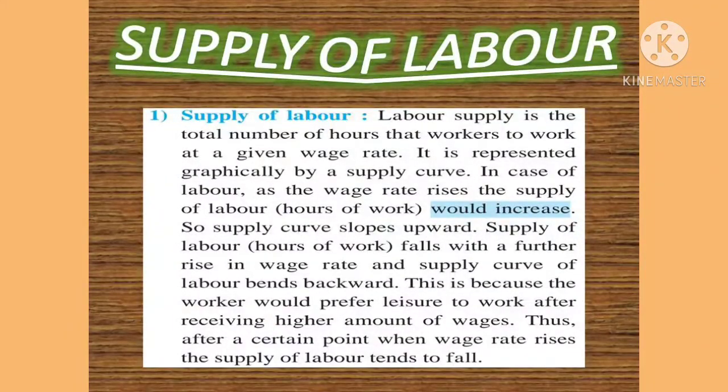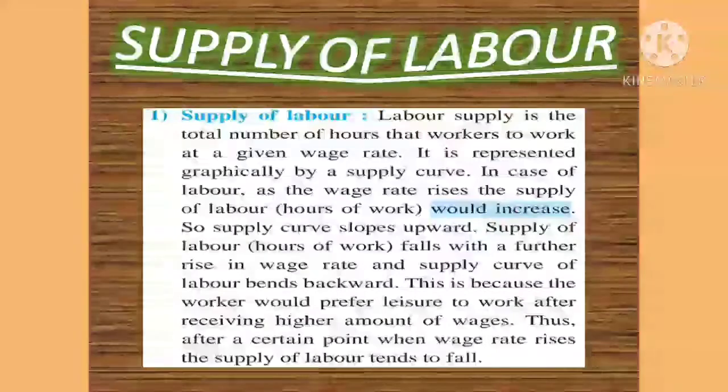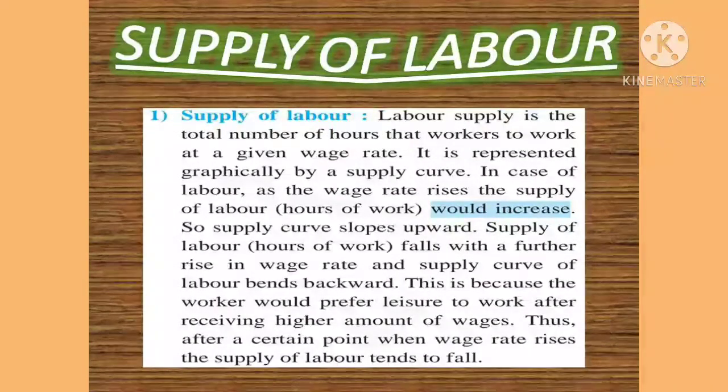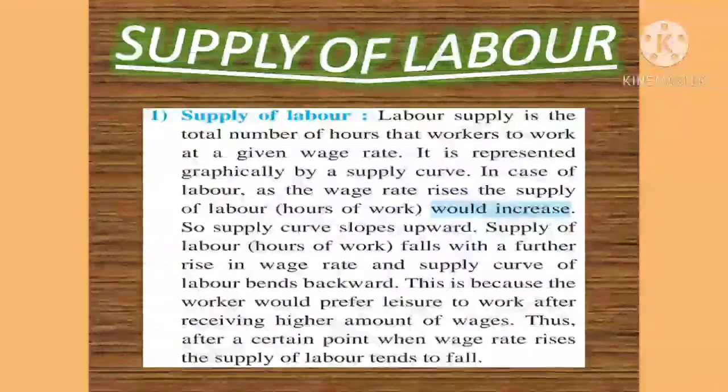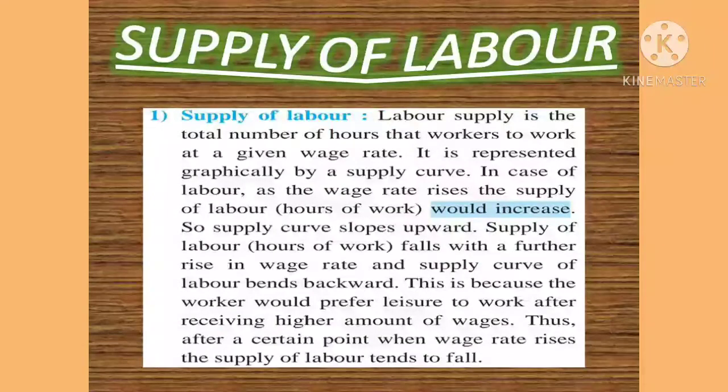Thus, after a certain point, when wage rate rises, the supply of labor tends to fall. This can be explained with the help of a labor supply schedule and a backward bending supply curve.